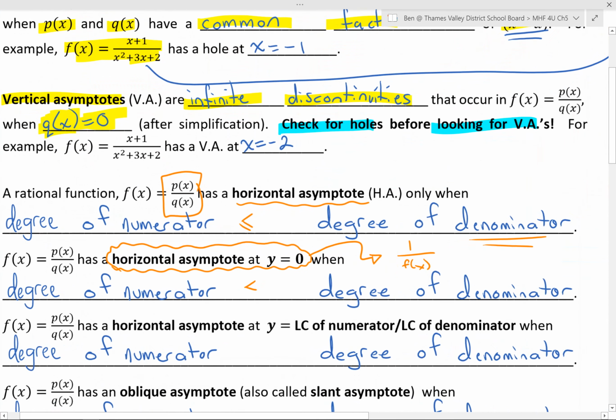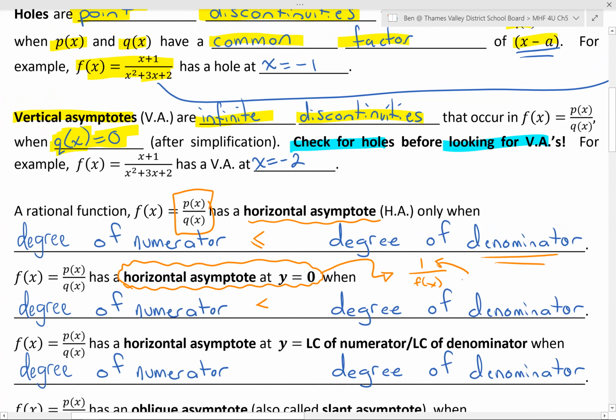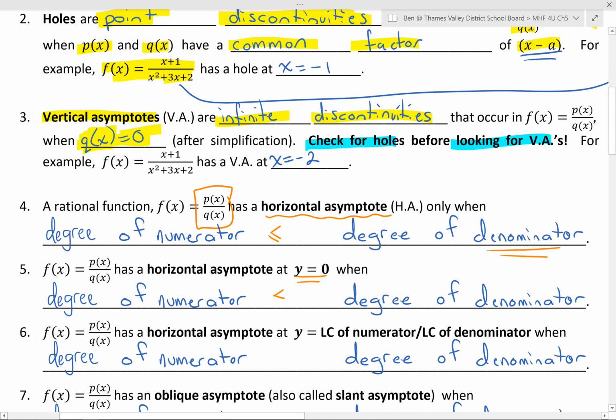The degree of my numerator here is 0. The degree of my denominator, if it's greater than 0, that's what we studied yesterday, then we would have a horizontal asymptote at y equals 0. Well, that's great. This is lining up with other things that we have already studied.